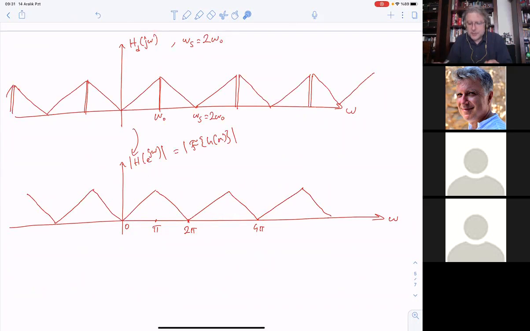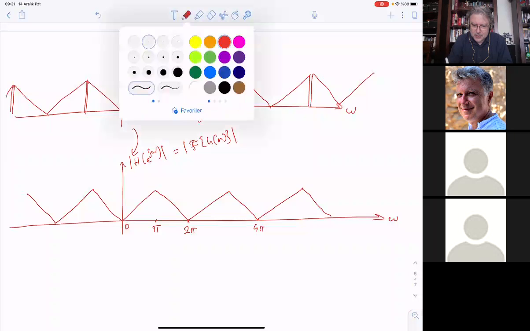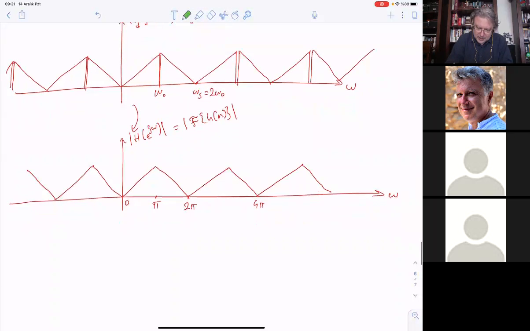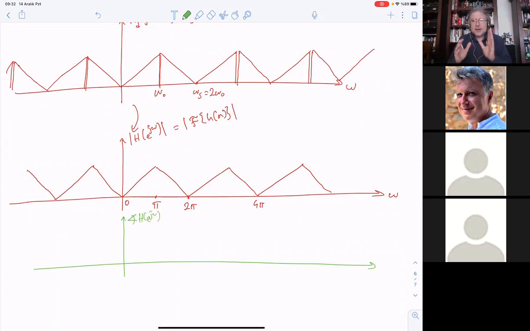The magnitude of the frequency response, of course, is not having the phase. For those of you who are curious about the phase, it actually looks like this. So the angle of H of e to the j omega is like this.